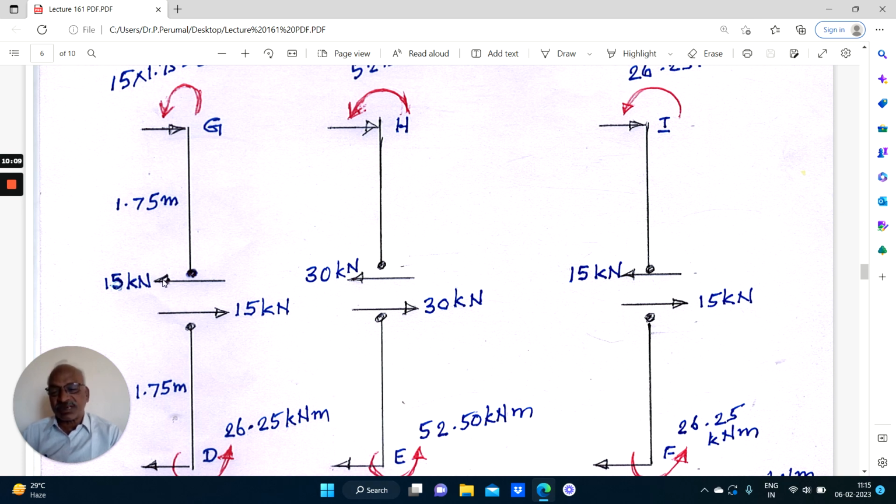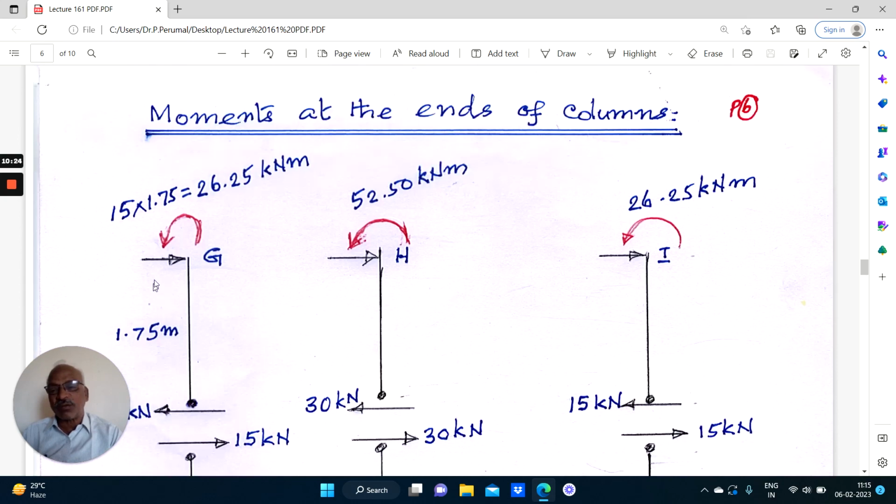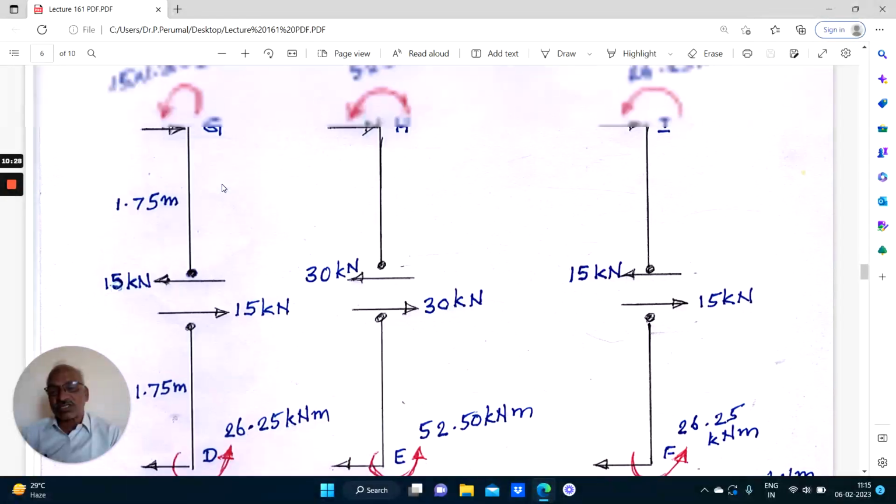So when this is 15, for horizontal equilibrium of this element, this also has to be 15, the horizontal shear. These two horizontal shears will cause a clockwise moment of 15 into 1.75, which is 26.25. For equilibrium of this body, there must be an anti-clockwise moment of 26.25.